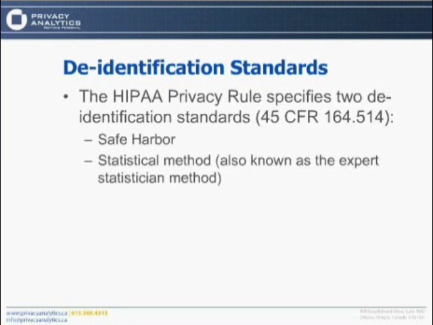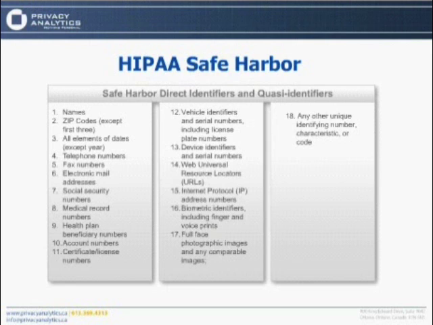Safe Harbor has 18 elements, as I'm showing you here on the screen. The top one is name, and a good number of these direct identifiers are included here. So you have to remove all the direct identifiers. Under Safe Harbor, if you remove those 18 elements, then the data set is considered de-identified.